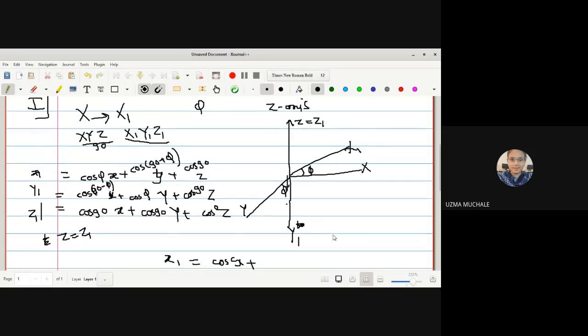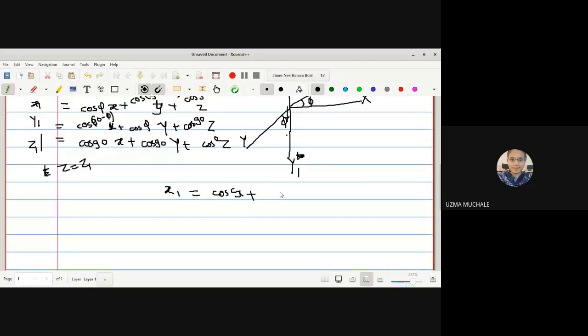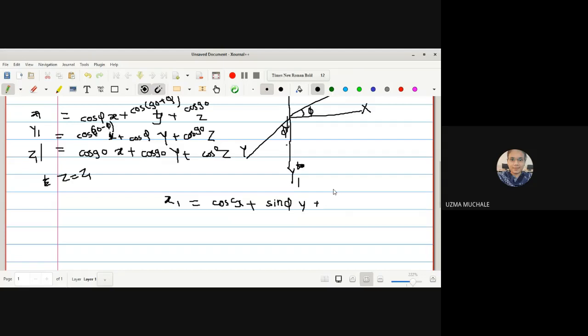Okay, let me write down this as cos of 90 plus phi, which is sin phi, y, plus cos 90. What is the value of cos 90? It is 0, right? Y1 is equal to cos 90 minus phi. What will be the resultant of cos 90 minus phi? Minus sin phi x plus cos phi y.